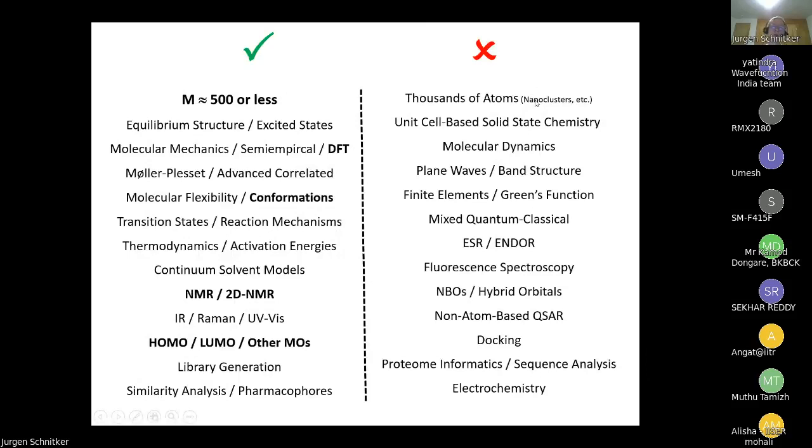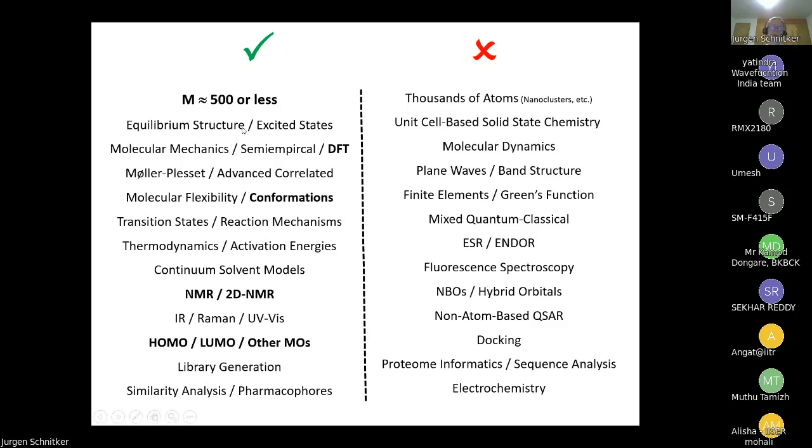You just have to formulate the problem such that it reduces to a model with a molecular weight of 500 or less on a modern laptop. Of course, the bigger the machine, the more you can afford to run, but this is a rule of thumb. Stick below that.